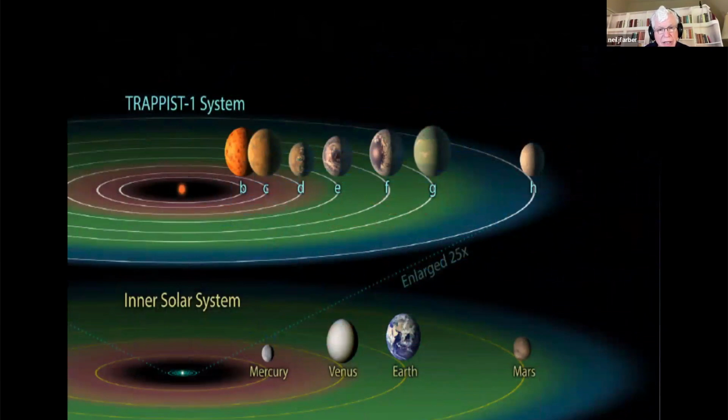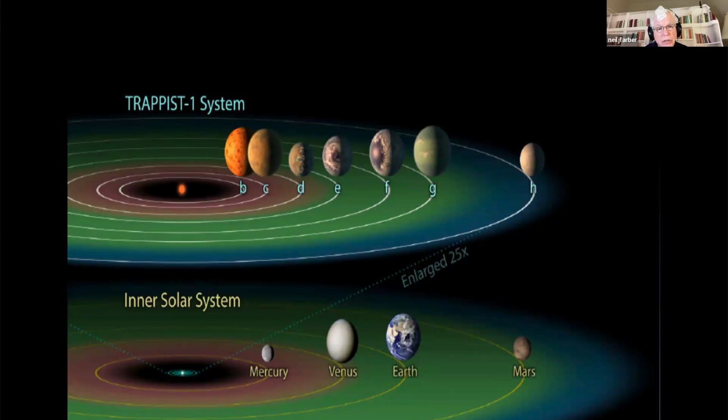TRAPPIST is one that we're going to be looking at because it has 3 good planets that are in the habitable zone, D, E, and F, or actually E, F, and G. D is sort of on the borderline of the habitable zone as well. So it's at least 3 or 4 planets. They're rocky planets.